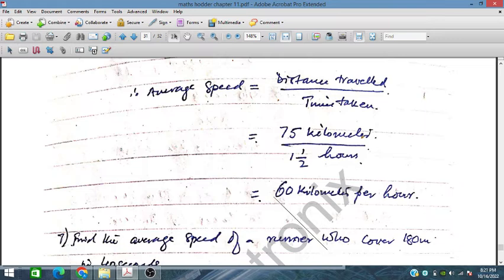Sorry, 50. So in one hour it travels 50 kilometers, and in half an hour it travels 25 kilometers. So this is 50 kilometers per hour. So this is wrong. We should write 50 here.